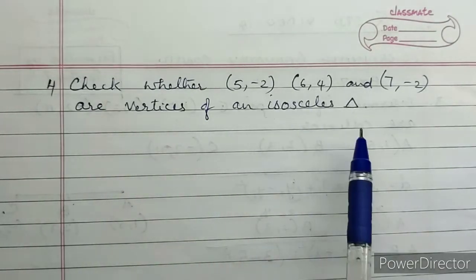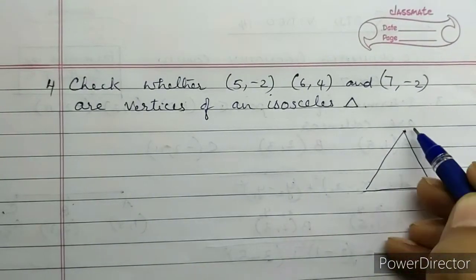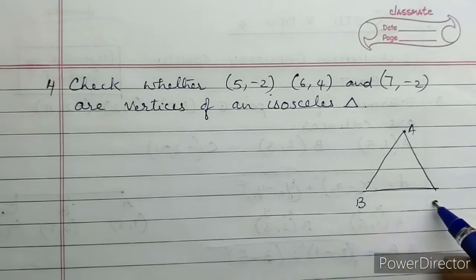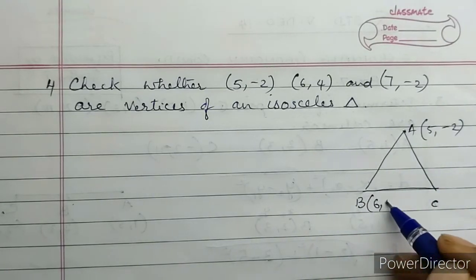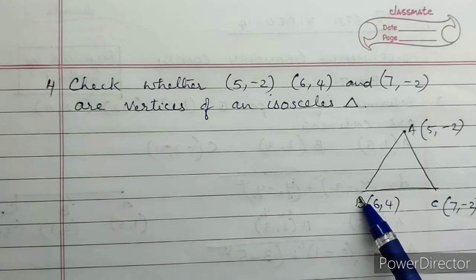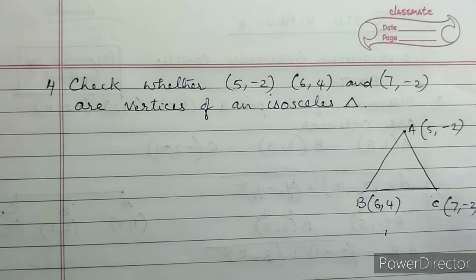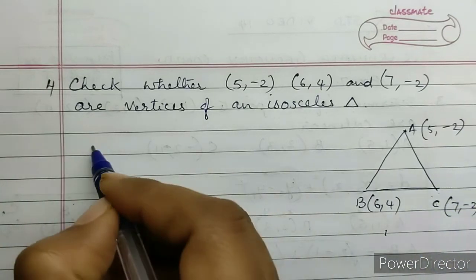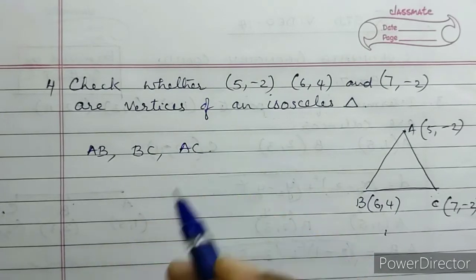If it is an isosceles triangle, just draw one rough diagram here. Give A, B, C names. A 5 minus 2, B 6 4 and C 7 minus 2. Draw like this. Find AB, AC and BC, three sides, by using which formula? Distance formula. Using the distance formula, AB you have to find, BC you have to find and AC you have to find.